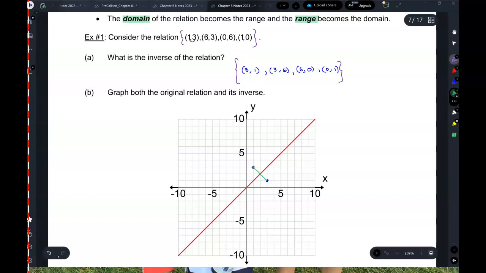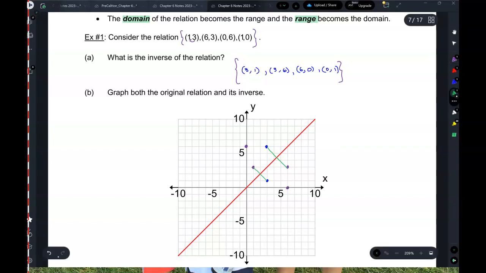Now let's do the second point: (6, 3) and (3, 6). Whoops, that should have been in blue. Do you see how those are symmetric around the same line? And then let's do (0, 6) and (6, 0).